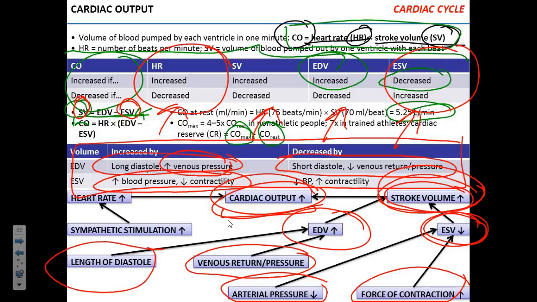Length of diastole, that's pretty interesting. Think about those athletes. If they have 40 beats per minute, with every beat ventricular filling takes longer. If it takes longer, more blood will get into the heart. Increased end diastolic volume. Does that make sense?